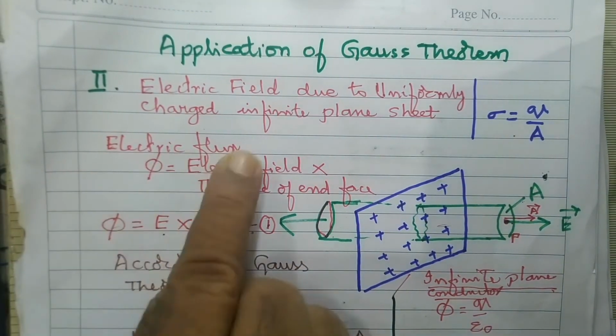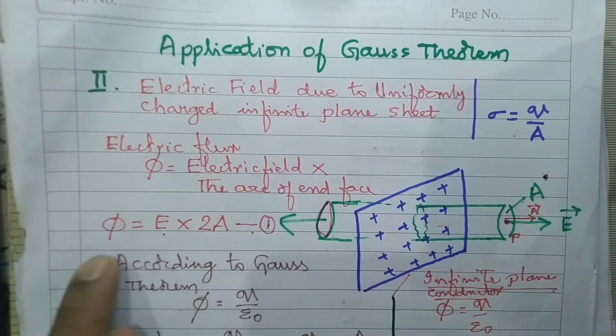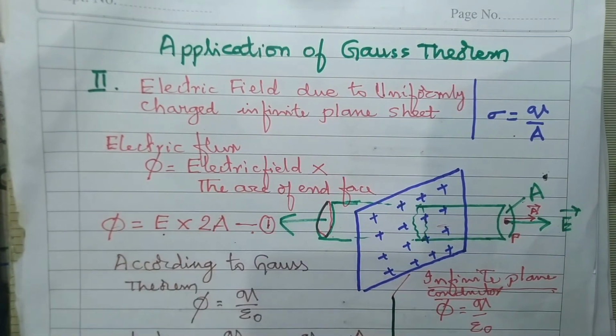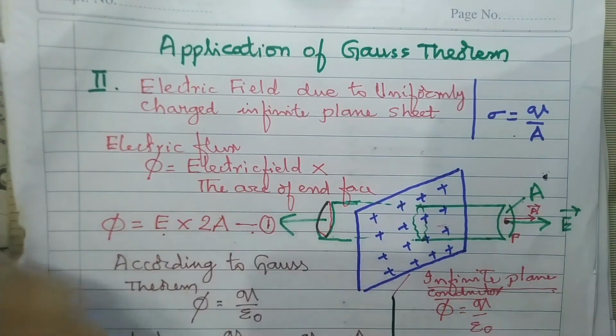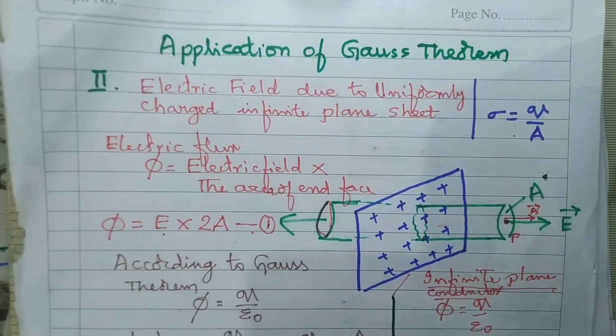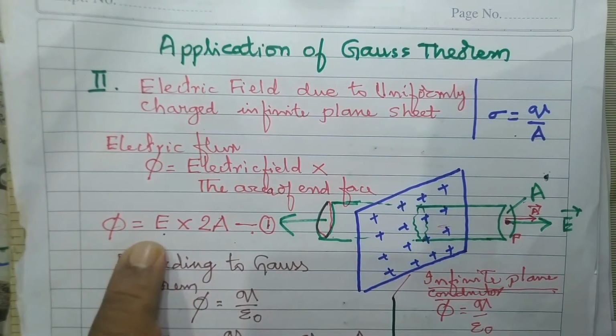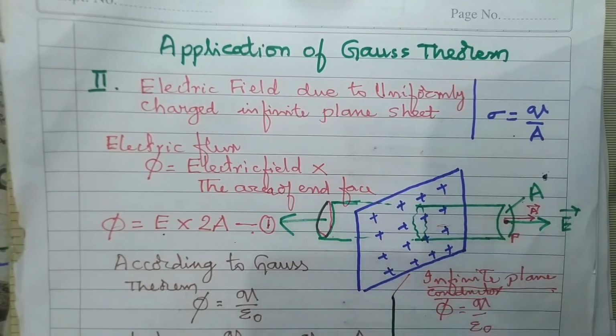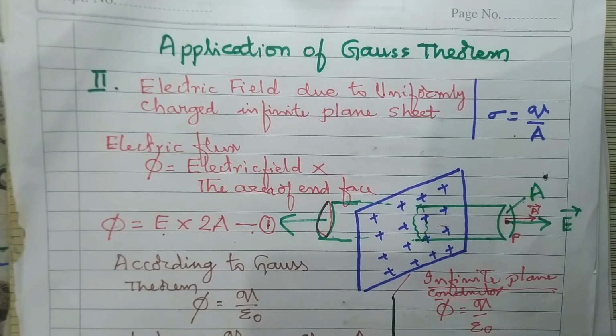Now electric flux phi is equal to electric field multiplied by the area of the end faces. Phi is equal to E into 2A. This is from the figure we have got. Two surfaces have been taken. After that we apply the Gauss theorem. According to Gauss theorem, phi is equal to q by epsilon 0.